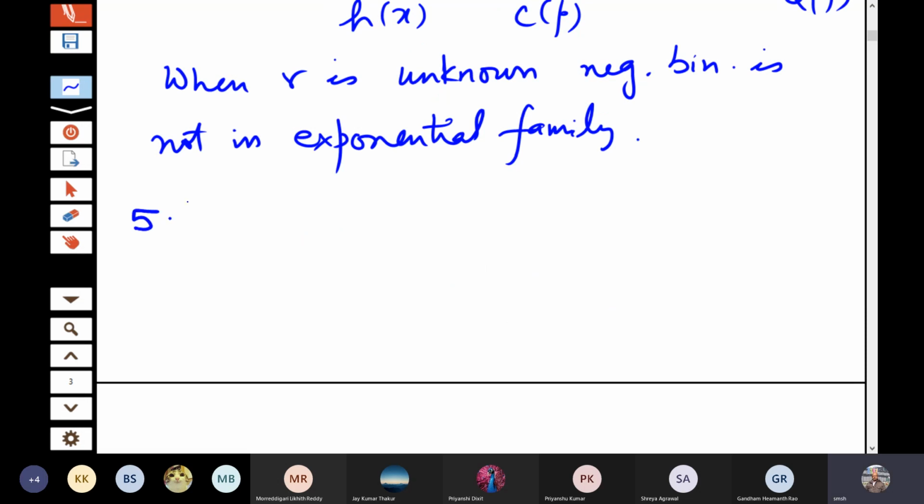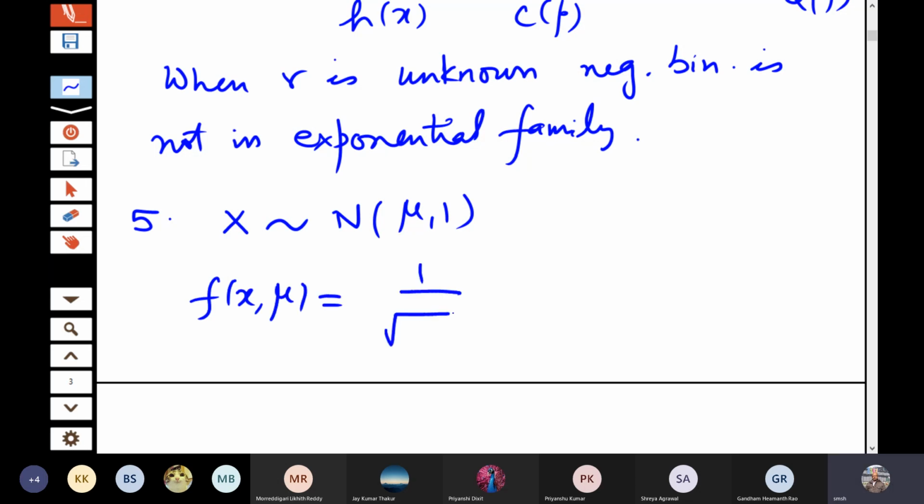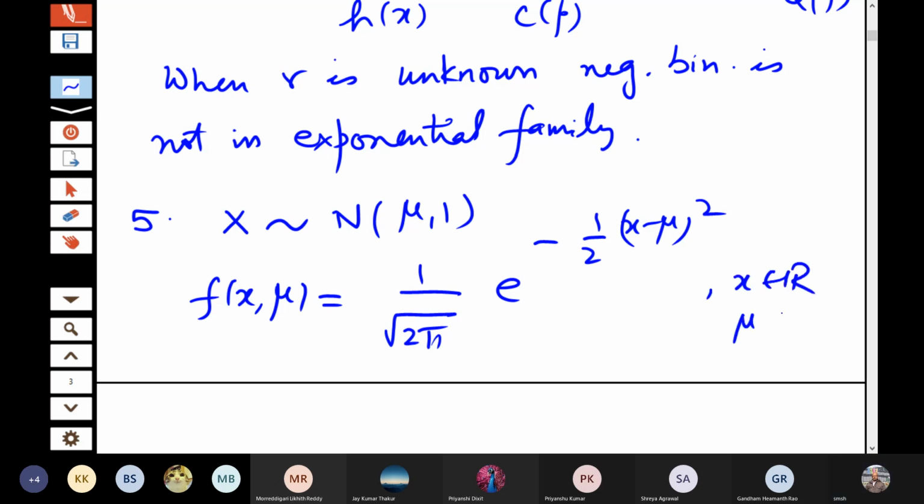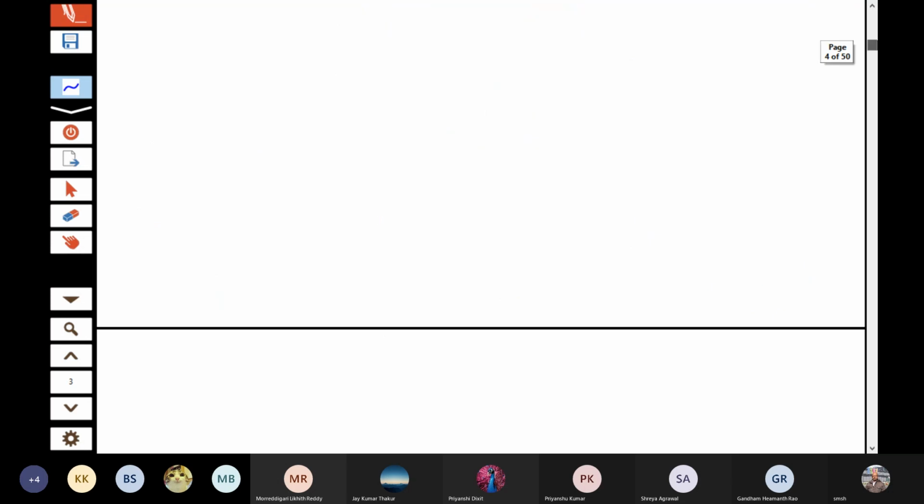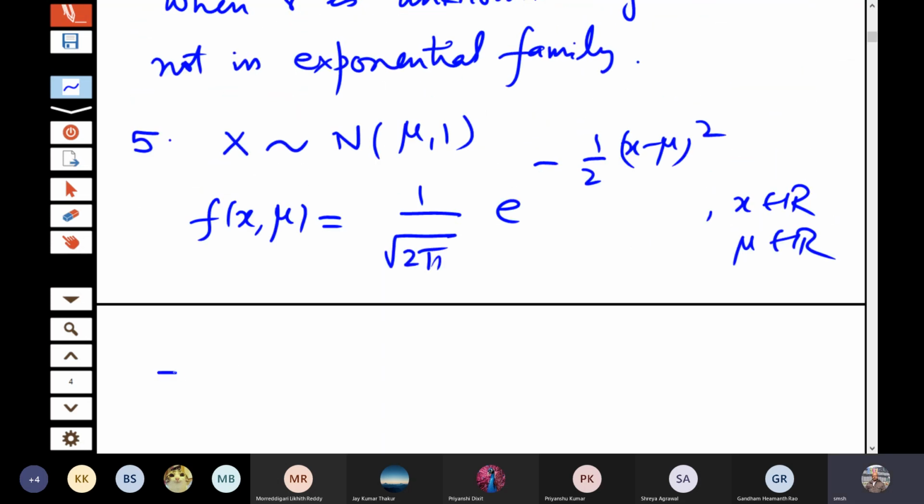We have discussed two forms of the normal distribution with one parameter. Let us write that. So normal(mu, 1), if I consider, then what is the form of the distribution? It is 1 by root 2 pi e to the power minus 1 by 2 (x minus mu) square. This we write as 1 by root 2 pi, and this exponent we simplify.